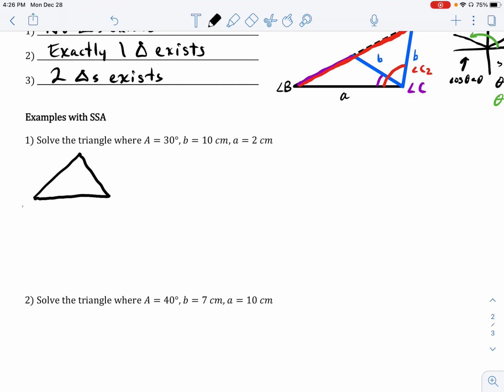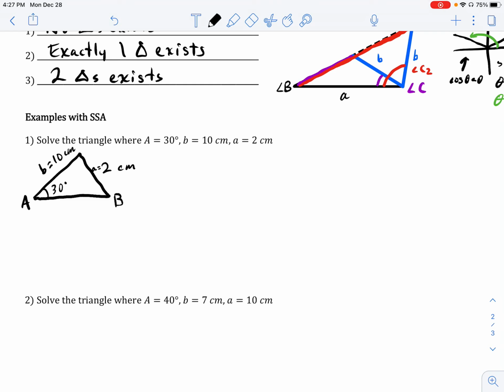I'm going to start with this angle here being my angle A, so there's 30 degrees. That would mean that this opposite side A is equal to 2 centimeters. It doesn't matter where you draw B or C. I typically have B down here, and that would mean this side B is equal to 10 centimeters. Let me also relabel this as A is equal to 2 centimeters here.